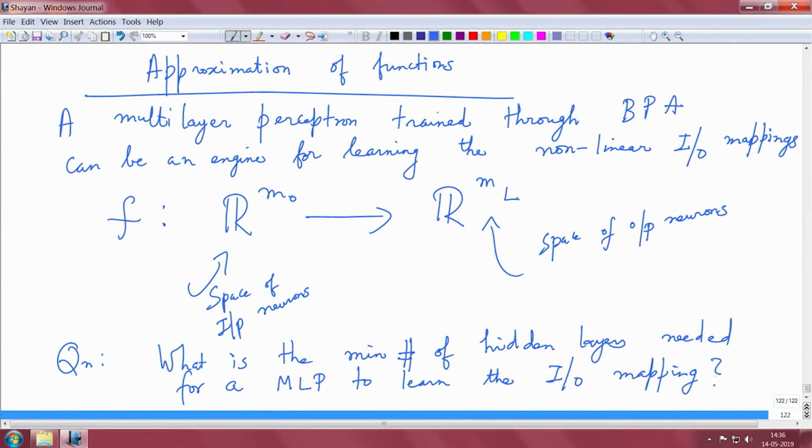Right? This is what we are given in a machine learning problem or supervised learning problem. I give you some inputs, I give you the desired response, I need to learn the mappings.